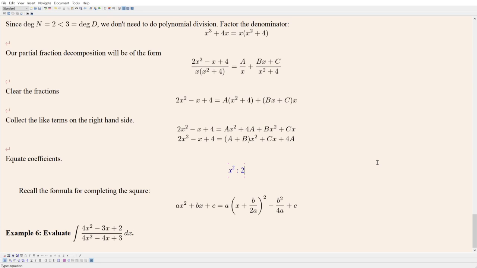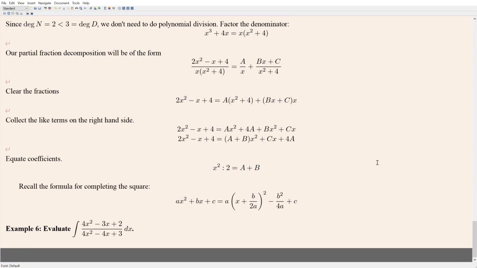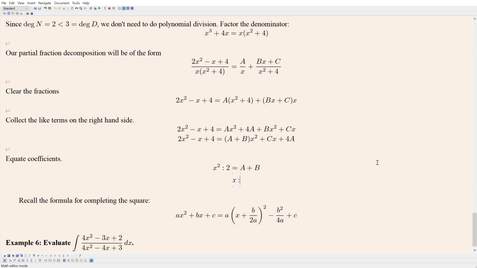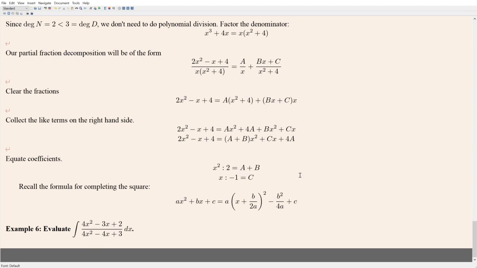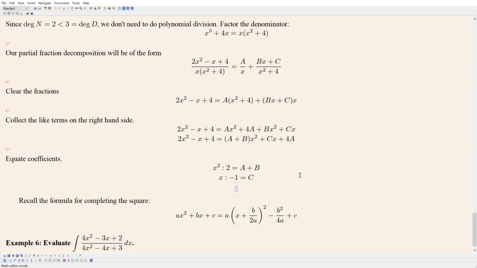So 2 must equal a plus b. For the x terms, on the left we have -1, on the right we have c. So -1 equals c. That's easy enough. And for the constant terms, on the left we have 4, and on the right we have 4a.